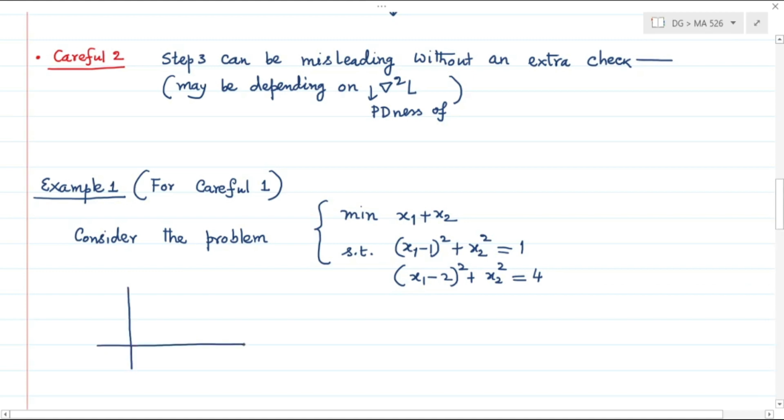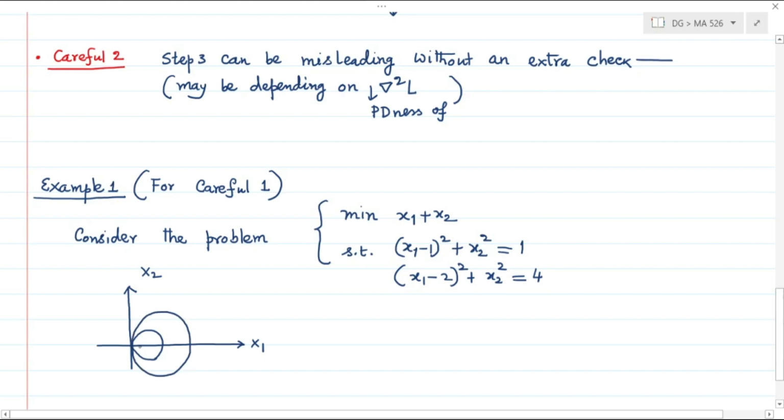Okay, this is my x1 axis, this is my x2 axis, and the first constraint is the circle of radius 1 centering at (1, 0), and the second circle is a circle of radius 2 having center at (2, 0).